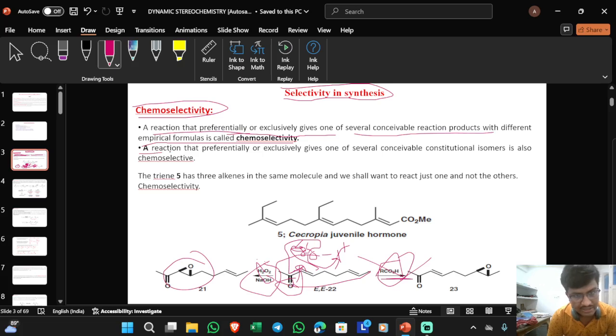And a reaction that preferentially gives one of several constitutional isomers is also chemoselective.